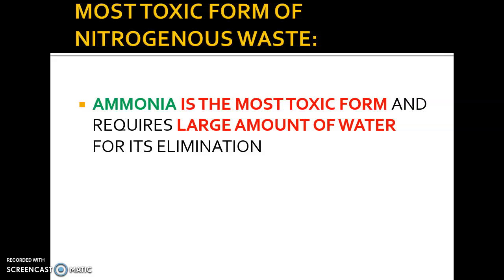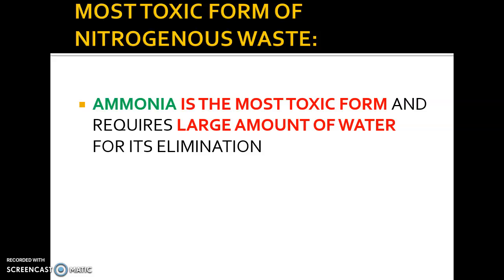That can be the deciding factor in which kind of organism adopts which kind of nitrogenous waste. If a terrestrial animal produced ammonia as a nitrogenous waste product, it would be quite lethal, because the terrestrial animal would have to utilize most of its water for the removal of ammonia.